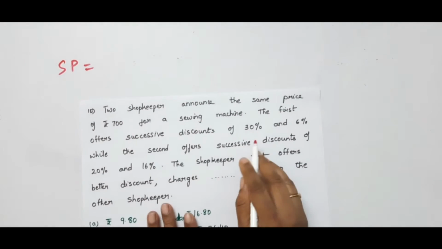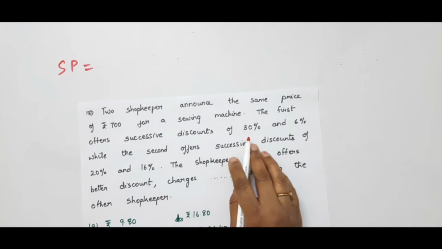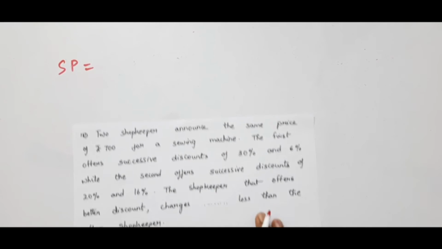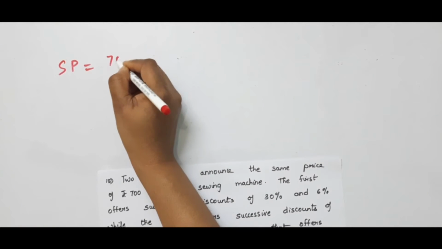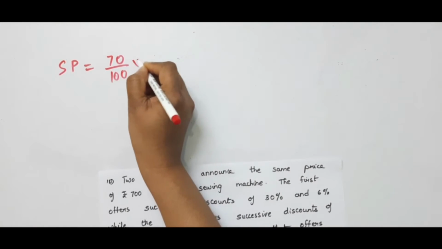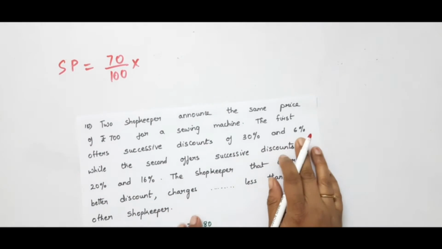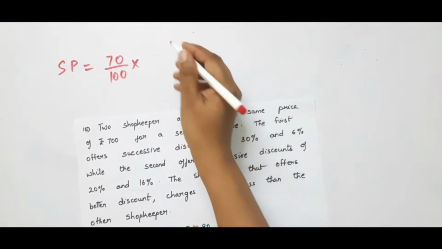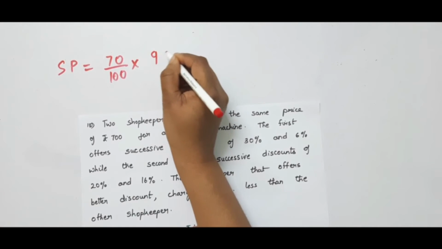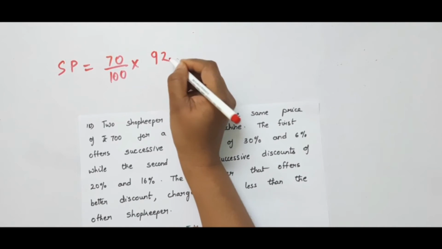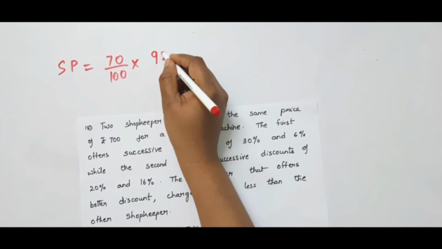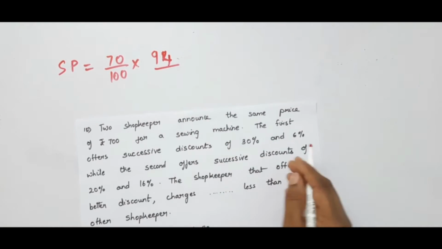Is it not? So given the market price, just find the selling price. Selling price is equal to 100 minus 30, it is 70 by 100, into the other is 6%. 100 minus 6 is 94.